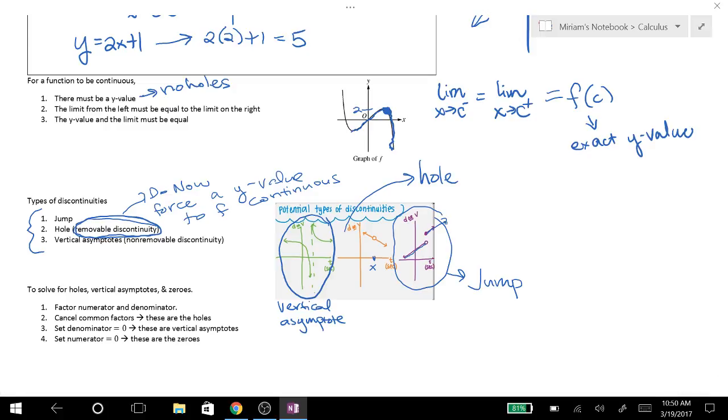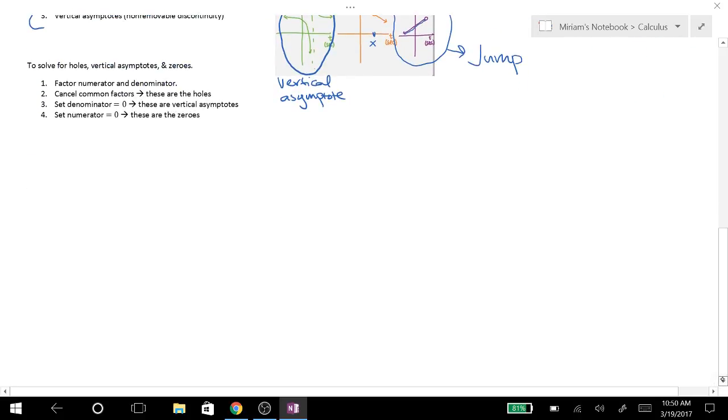Okay, there's also this thing when you need to solve algebraically for holes, vertical asymptotes, and zeros. First thing, you have to factor the numerator and denominator. So I'm going to make up an example over here. Let's say I factor the numerator, x plus 1, x minus 3, and I also factor the denominator.